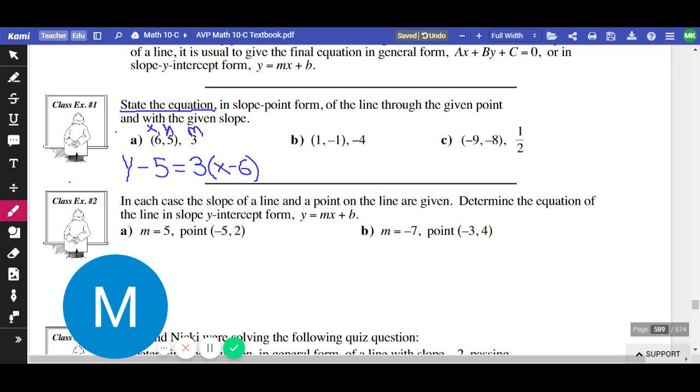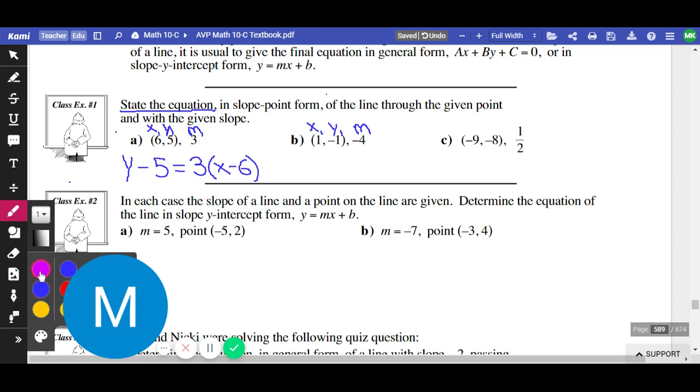So if we look at B, if we were to put that thing in slope point form, we would call this x1, y1, and this m. When you're putting this in the formula, I'm going to try changing colors if it doesn't blow up or something.